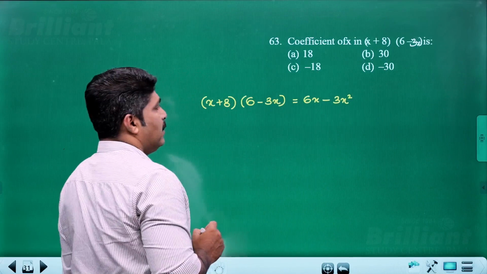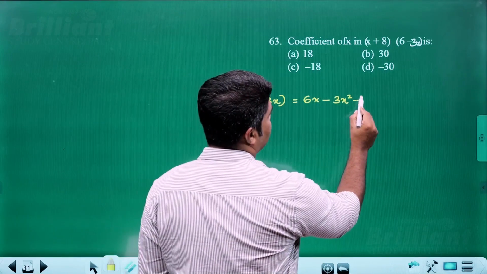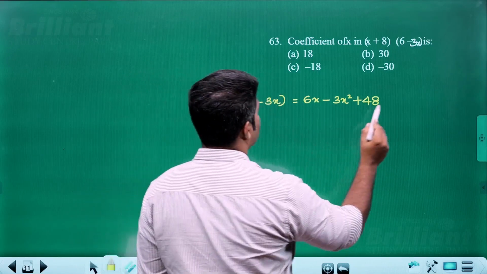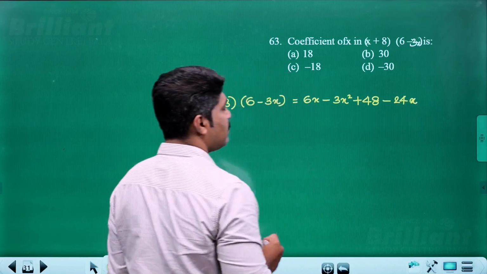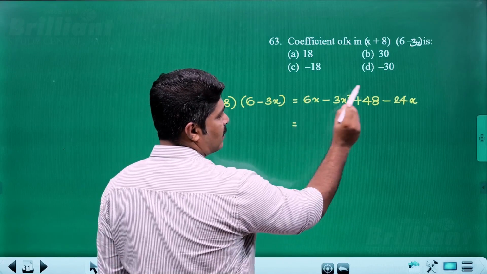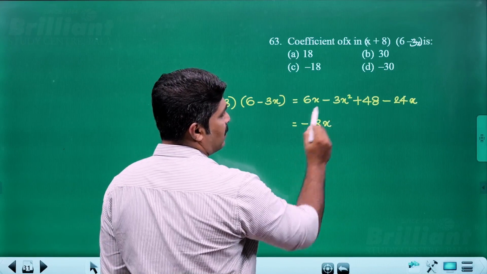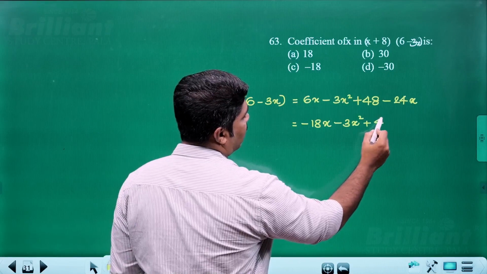Then moving further, we multiply with 8. 8 into 6, that is 48. 8 into minus 3x, minus 24x. Whenever we simplify this, 6x minus 24x is minus 18x. This is minus 3x square plus 48.